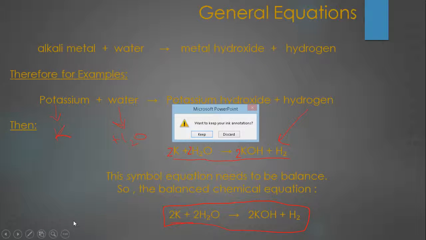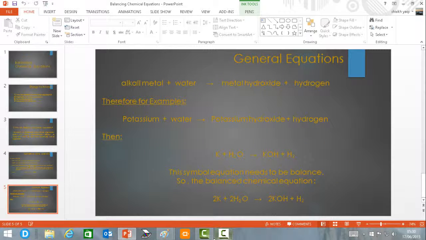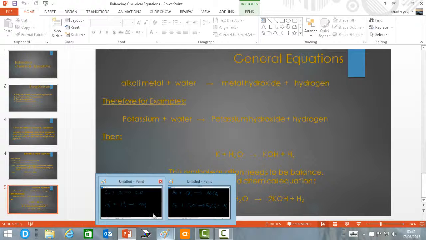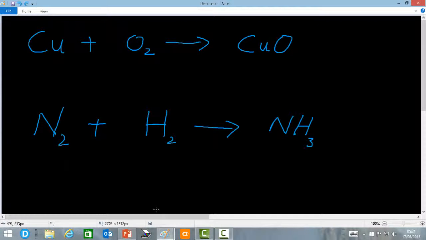So let's move on to them. This is my equations, and one of the equations is Cu plus O2, and it becomes CuO.